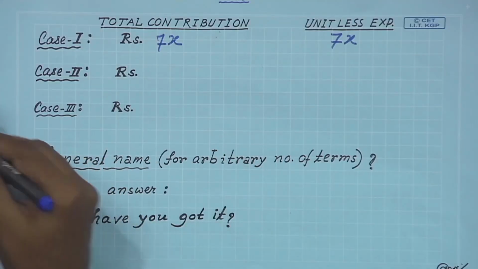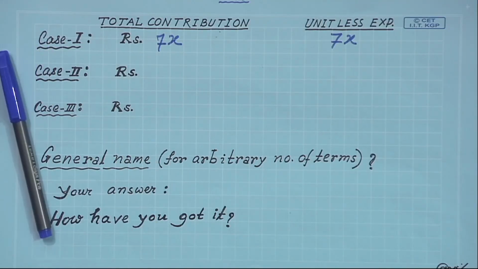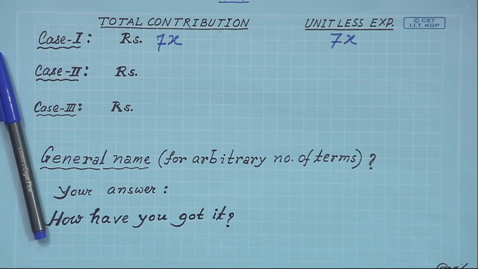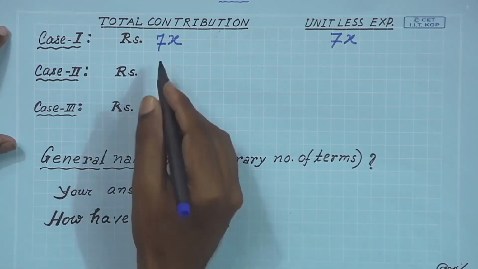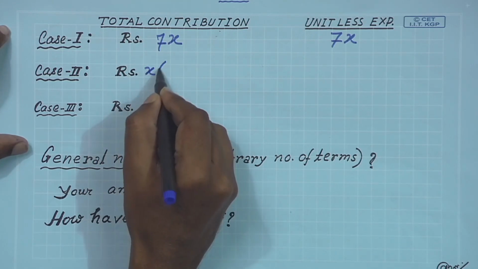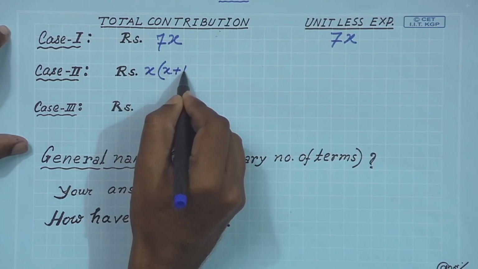The number of terms here is 1. Suppose you are contributing x plus 1 rupees each, and you are x in number. Then the total contribution will be x into x plus 1.